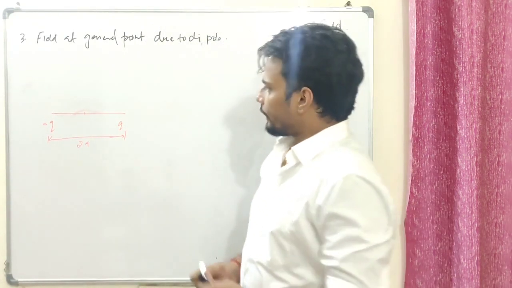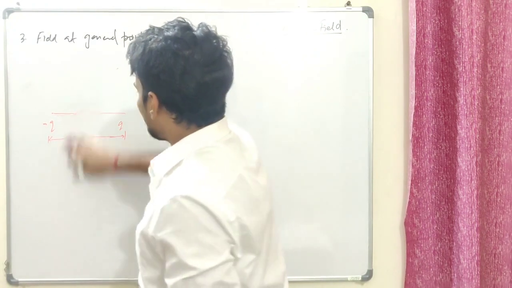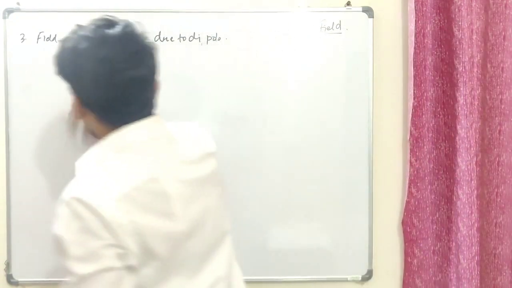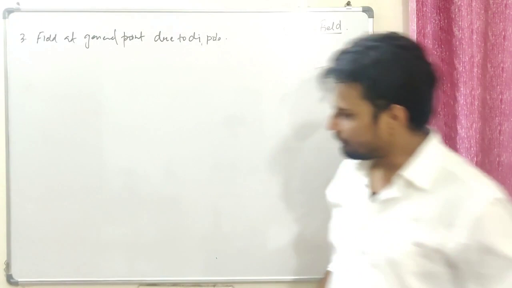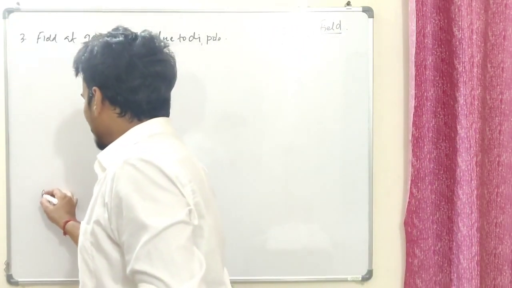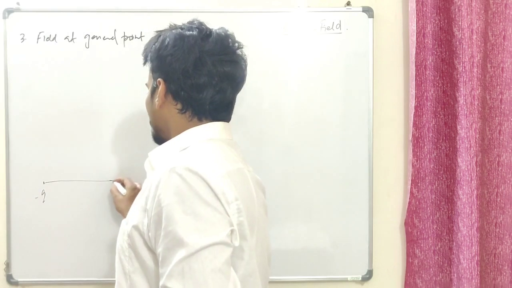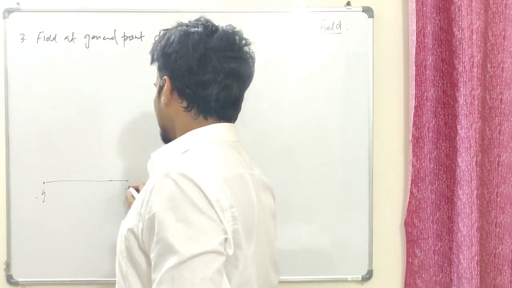Now let's say the point at which we need to find the field is here. I'm going to put it a bit down because I want to explain with a certain diagram. So let me have this diagram quite below. Let's say I have negative q kept here and a positive q kept here. Okay, no problem, guys.